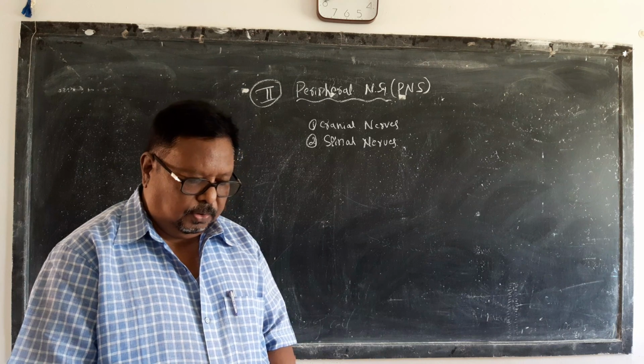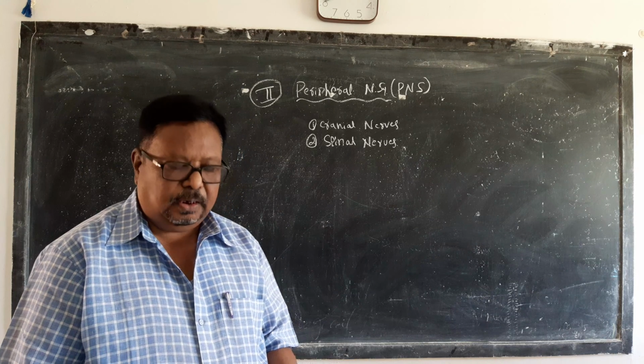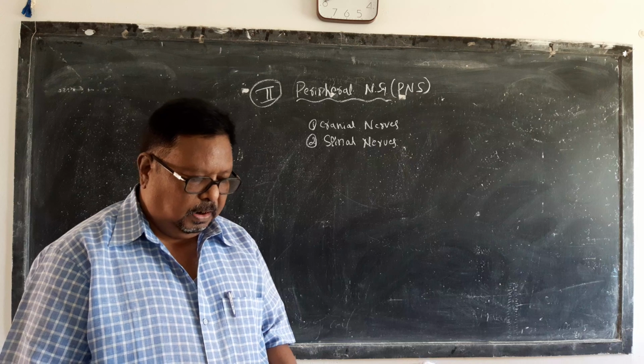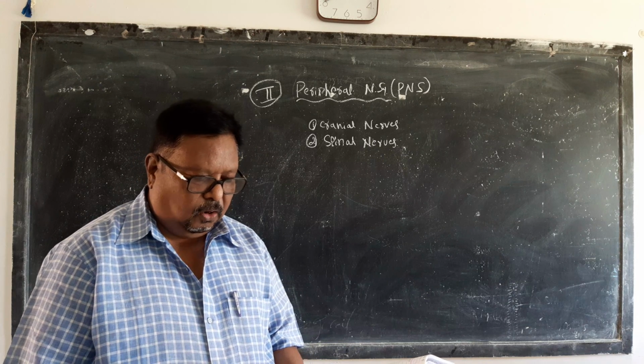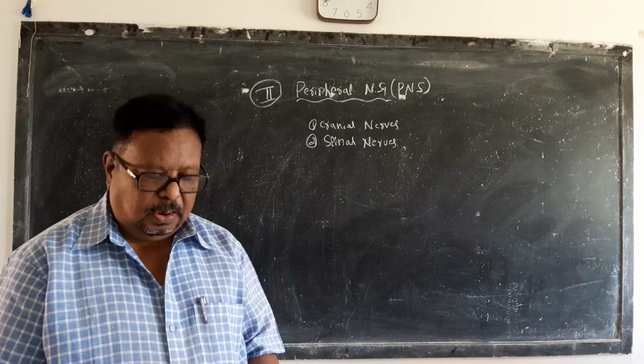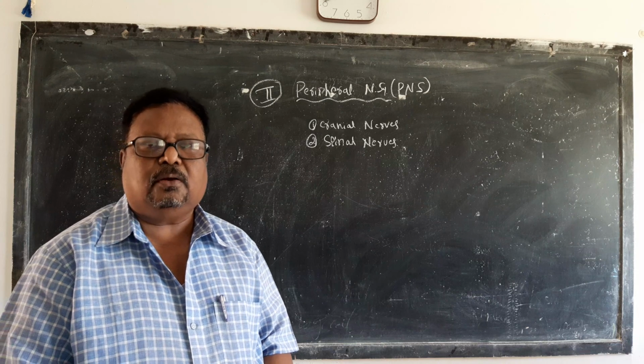Now coming to the second one, that is the peripheral nervous system, PNS. The PNS is formed by the nerves and ganglions that are associated with the brain and spinal cord.